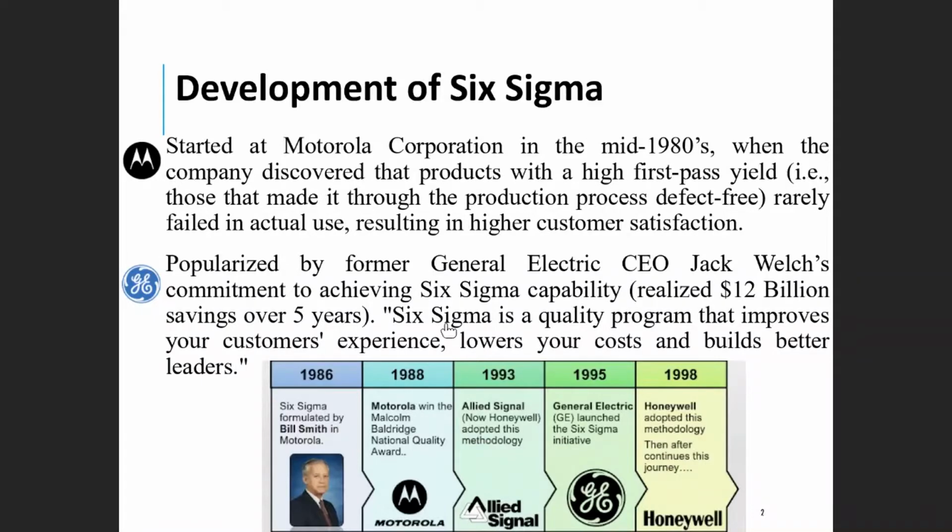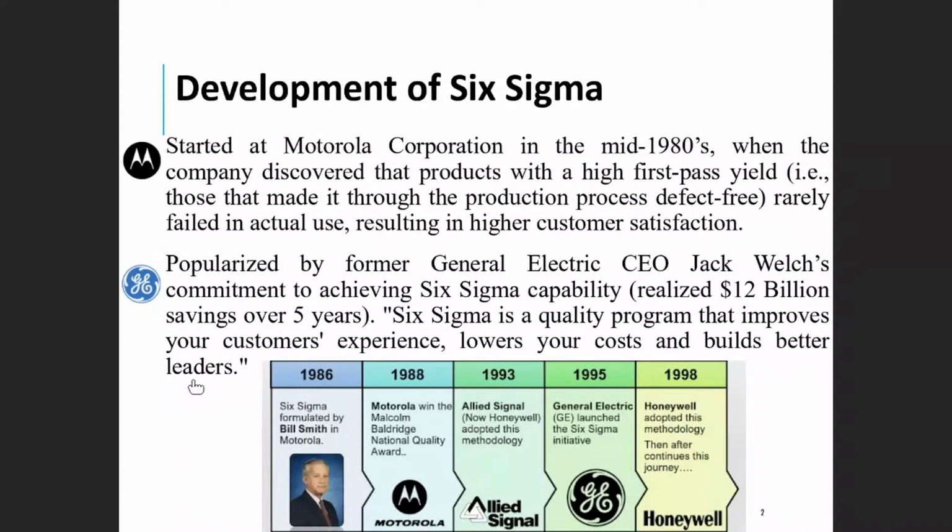Both Motorola and General Electric believe that Six Sigma is not just for solving problems, improving performance, or reducing defects or variations, but if you adopt it as a strategy in your organization, it generates leaders.